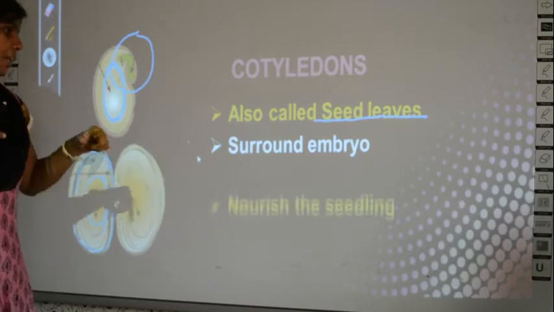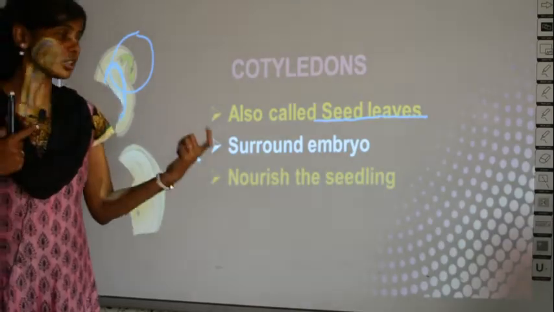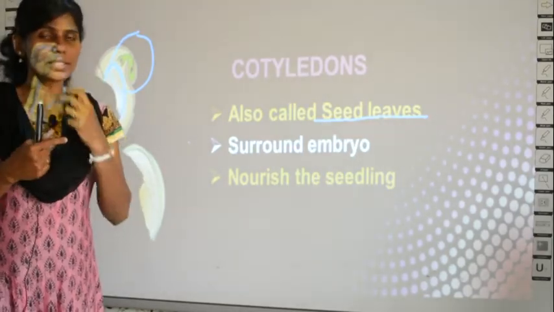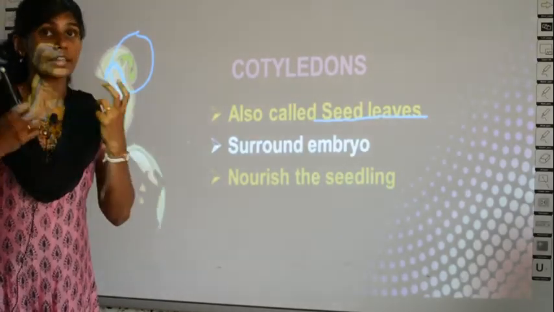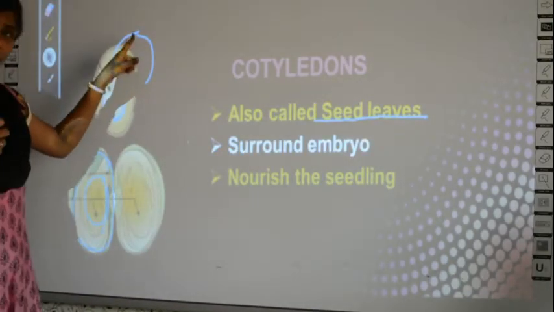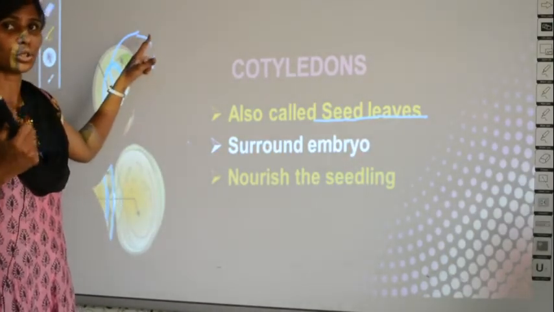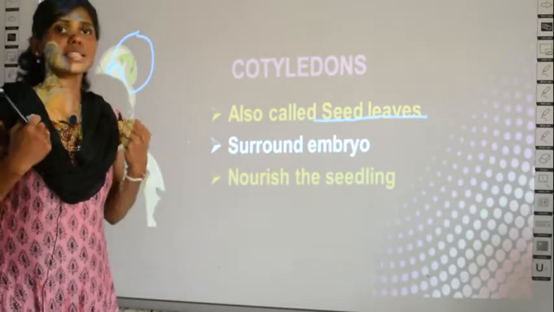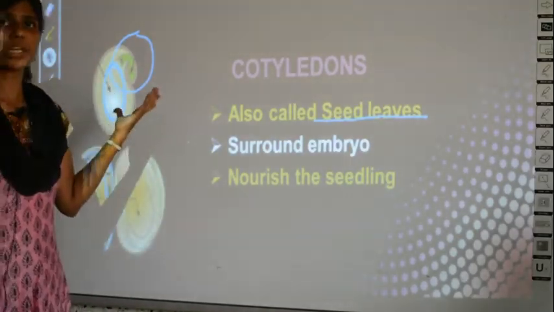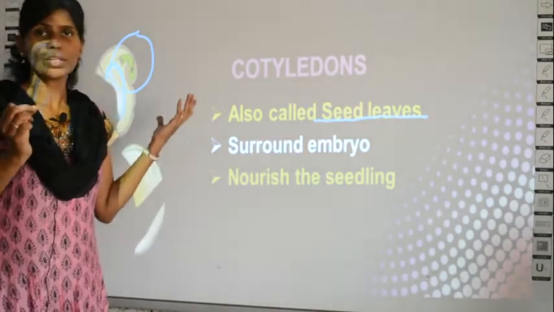The function of the cotyledons is to nourish the seedlings. What is nourishing? It means the seedling, that is the green portion which is about to develop into a root or a shoot, needs nutrients when it grows, right? We are not adding any nutrients to the seeds initially, we just sow the seed into the soil.